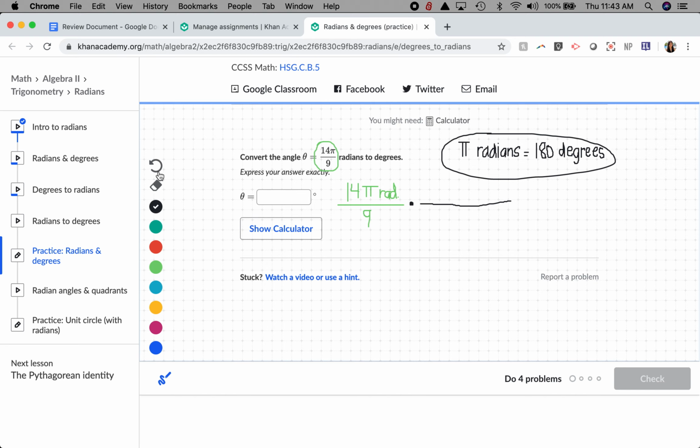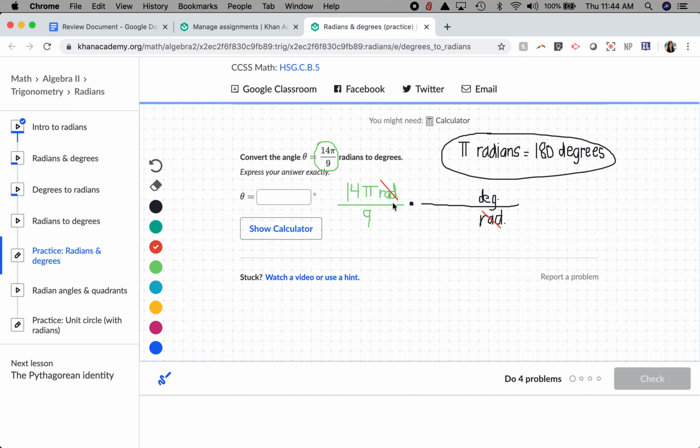Let's make that a little bit nicer. All right, making sure that radians is in the denominator. The reason that I want to make sure that radians is in the denominator and degrees is in the numerator is because I want radians to cancel out.